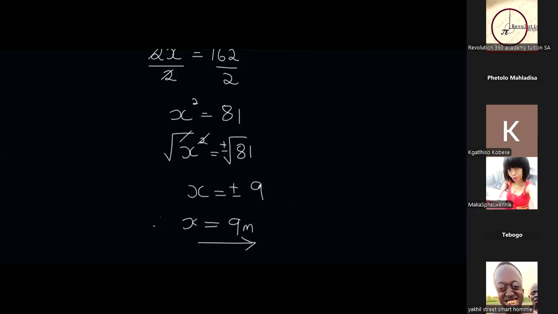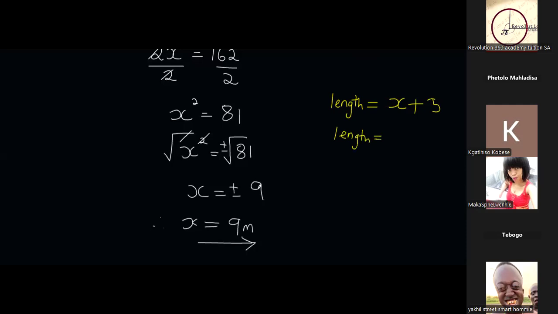To save time, we got x plus 3. Do you still remember? We got x plus 3. So our length including the outside border is equal to, you ask yourself, what is the value of x? It's 9. So it's going to be 9 meters plus 3.